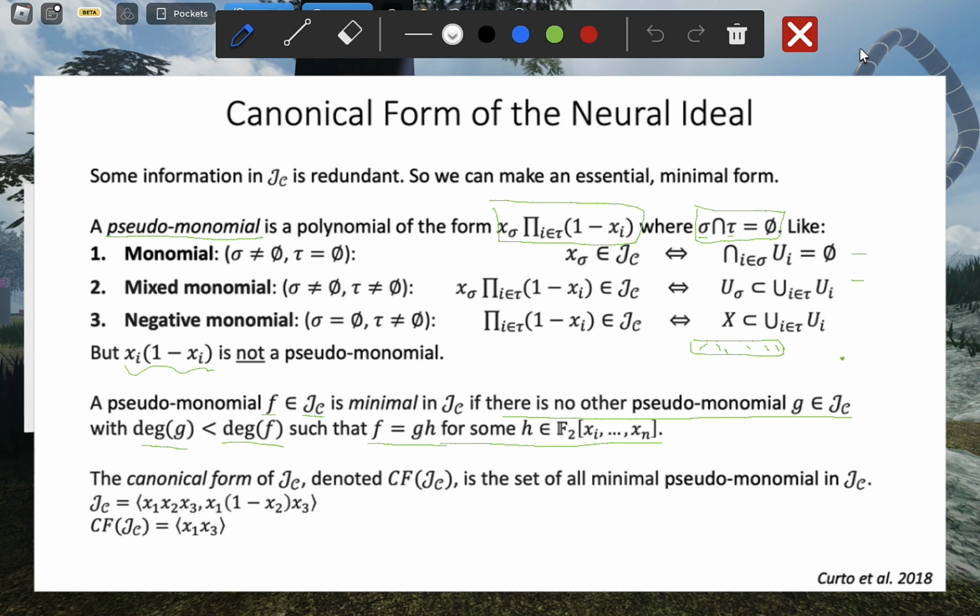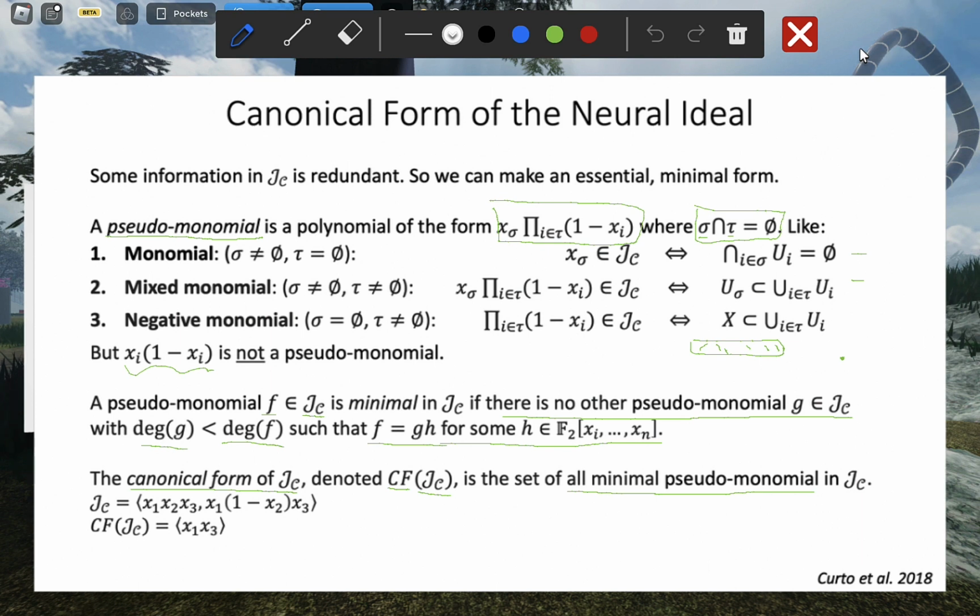And then what you're left with is called the canonical form of J sub c, which you denote with capital C, capital F of J sub c. And this is the set of all minimal pseudo-monomials in J sub c.